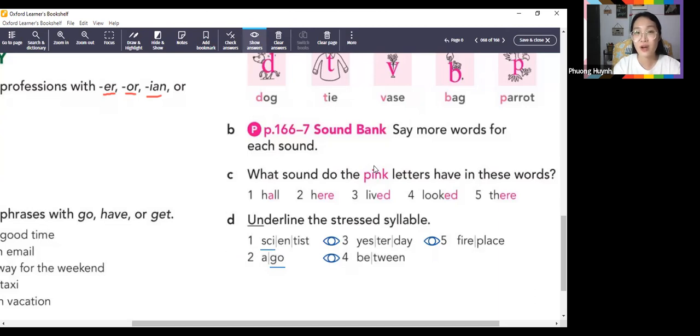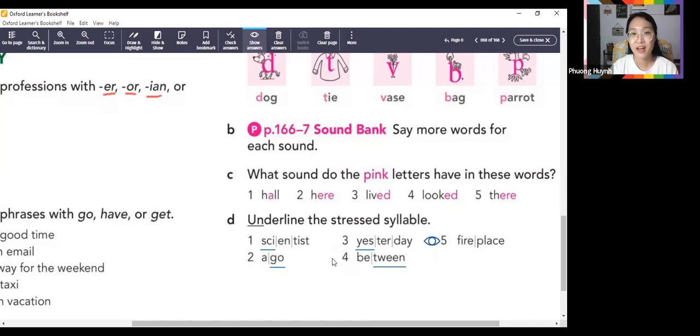Number 3 cô có yesterday. Yesterday. Yes. Number 1. Number 4, between. Between. Yes, number 4, 2, between.